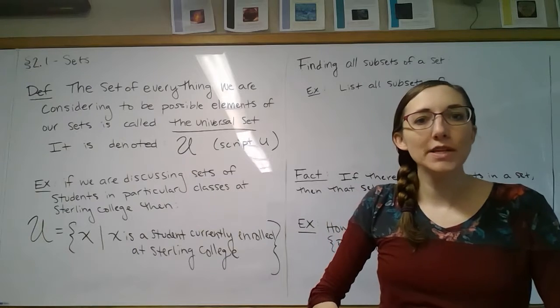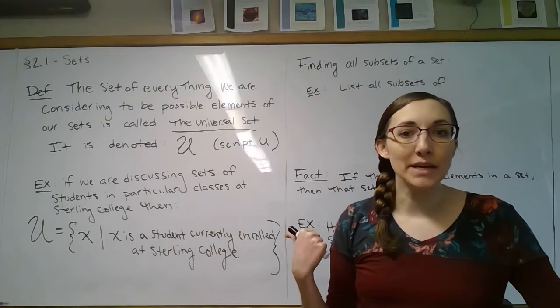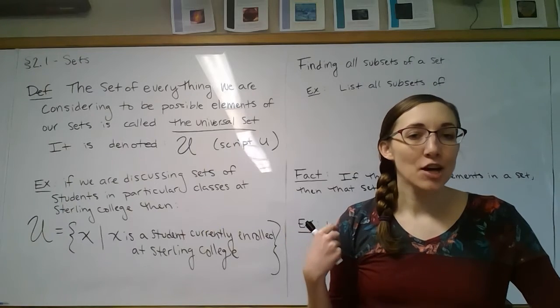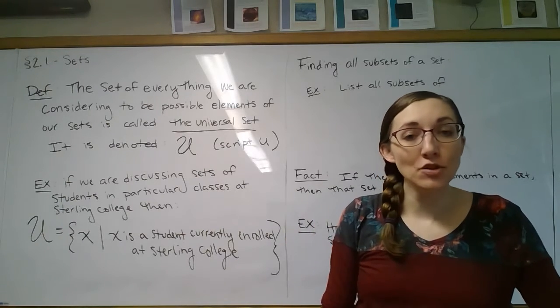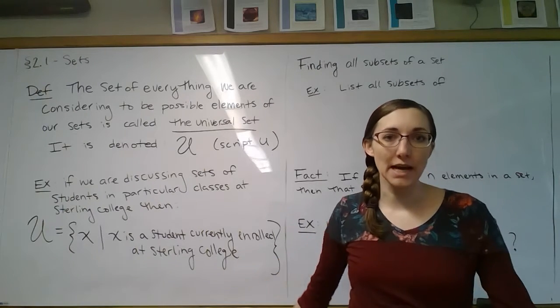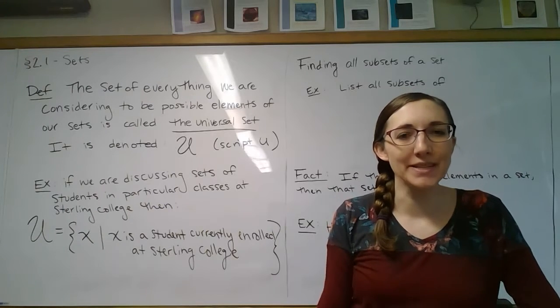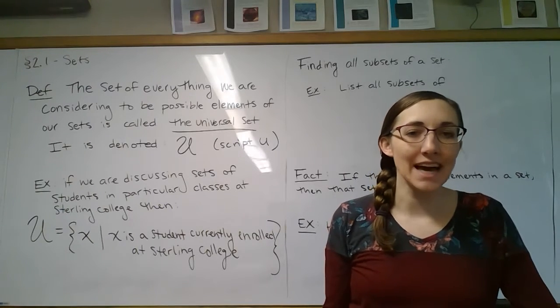Anyone who's going to be on one of those class lists needs to be an element of this set. So, for instance, all of you would be elements of this universal set, but someone like my mom would not be an element of this universal set.